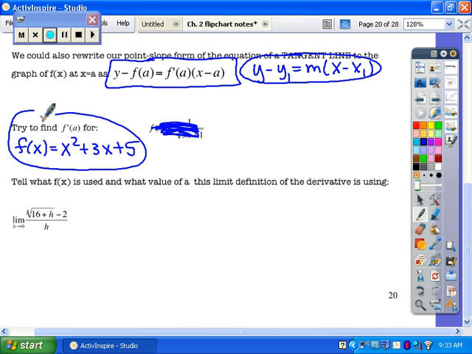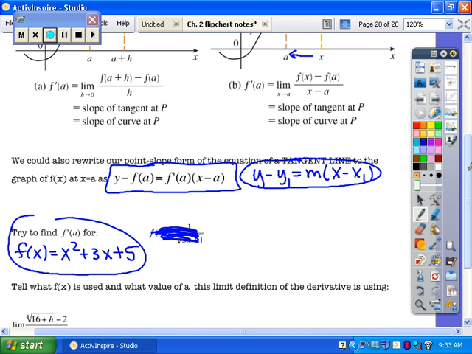So if we're going to be using the definition, we have to decide which form we're going to actually use. So let's use this first one right here, with the limit as h goes to 0. So the first thing we need to do is make sure we set this up correctly. So we're going to take the limit as h approaches 0, and then where do we put this a plus h?